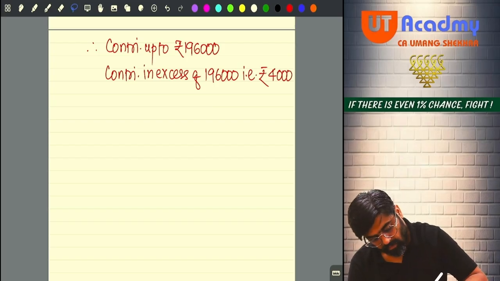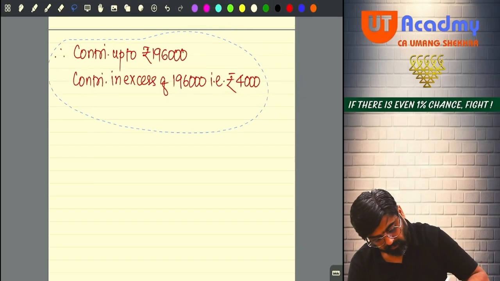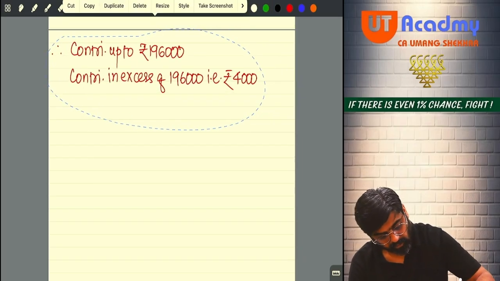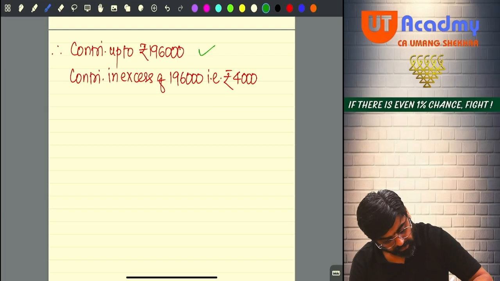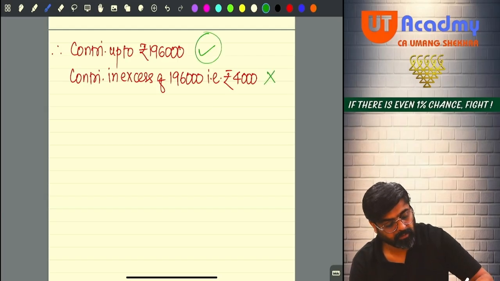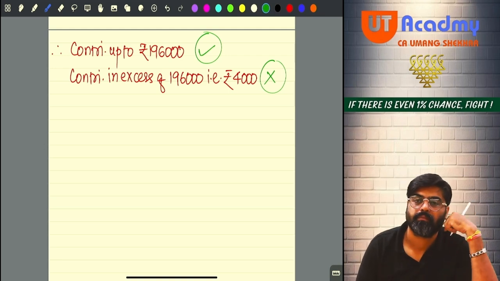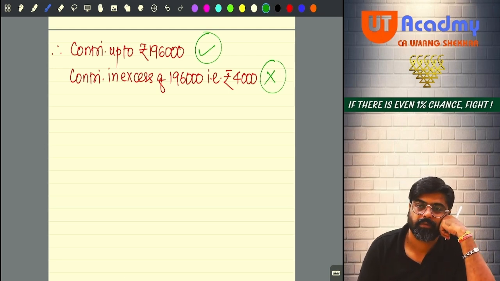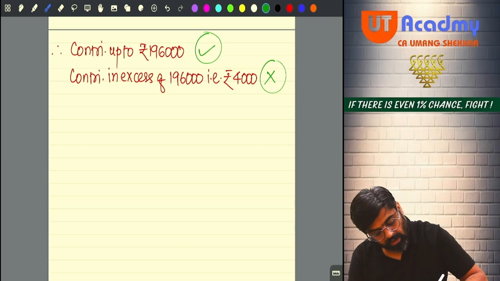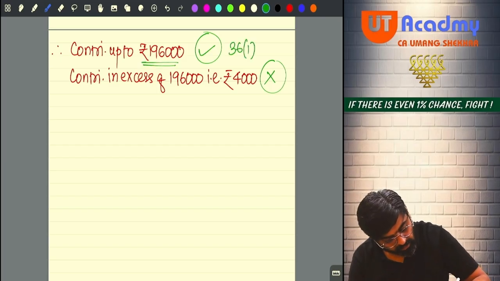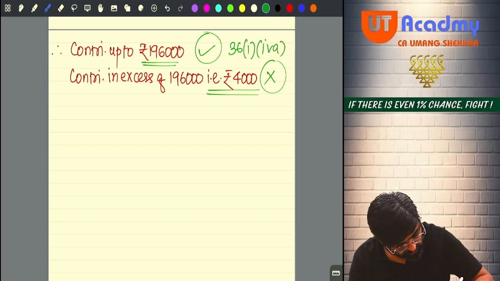Okay. So contribution of 1,96,000, what should I do? This will be allowed, and in excess of 1,96,000, 4,000 will be disallowed. Will you remember this? This is allowed under section 36 subsection 1 clause 4A, and this is disallowed under section 40A subsection 9.